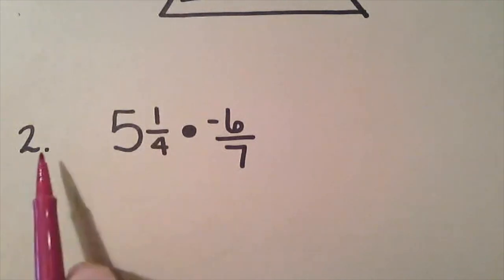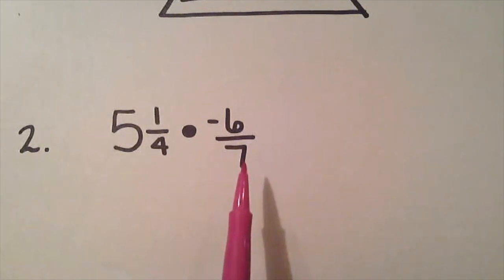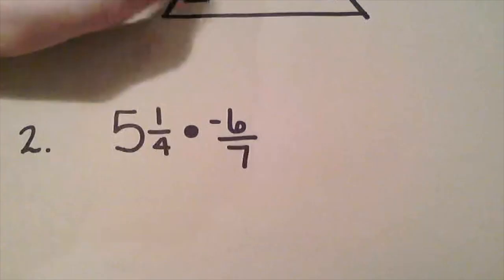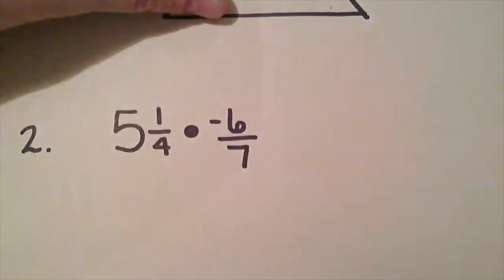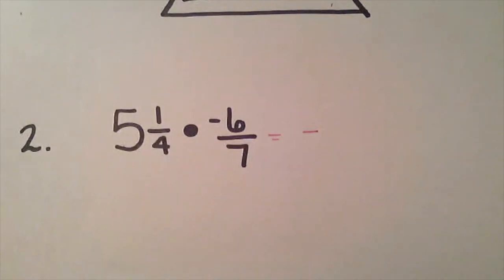So the first thing I'm going to do, this is number 2 from your note packet. 5 1/4 times negative 6/7. This is a positive times a negative. Positive times a negative gets me a negative answer. So right over here, I'm going to set myself up with a negative sign to start.